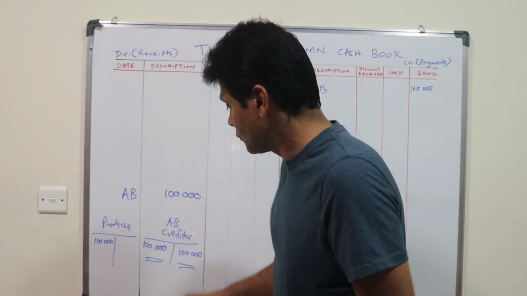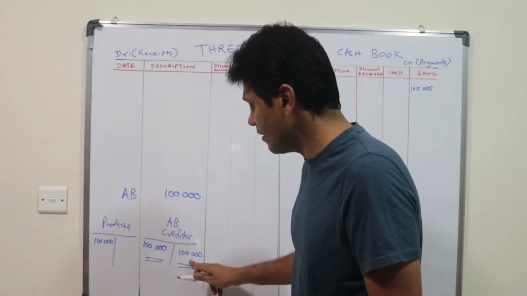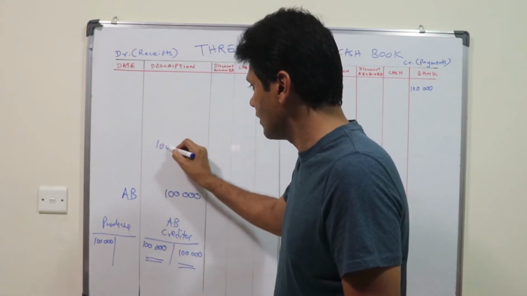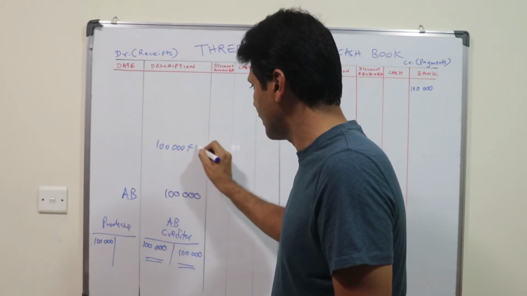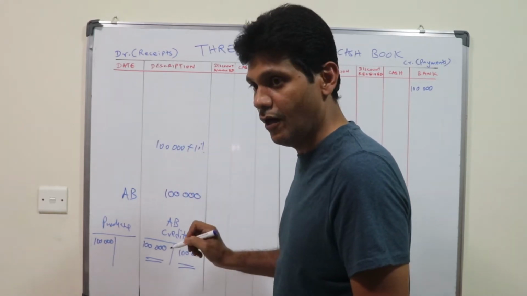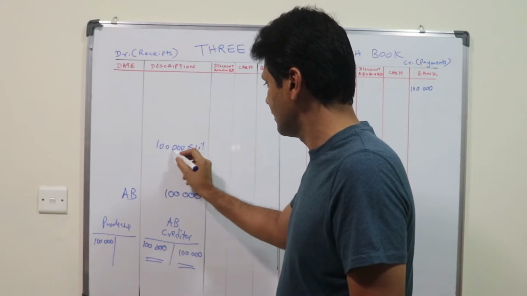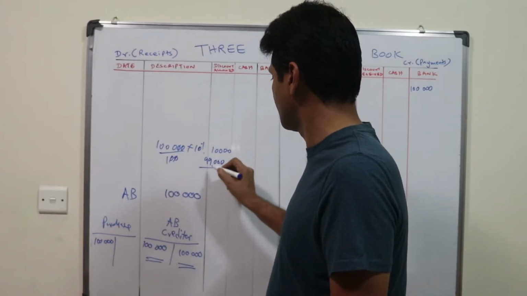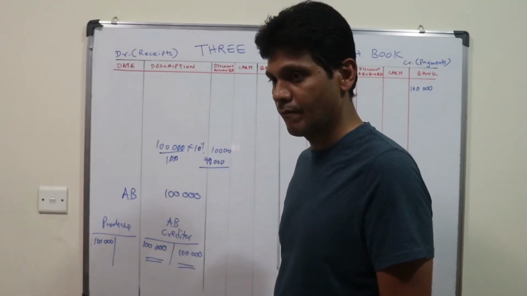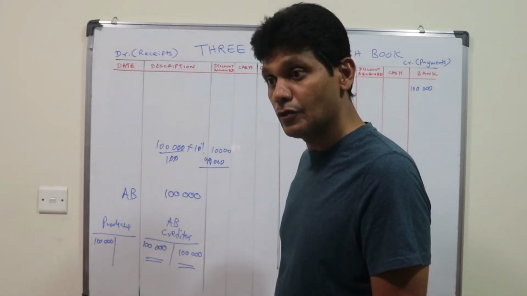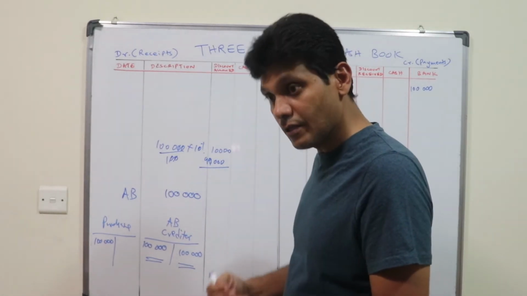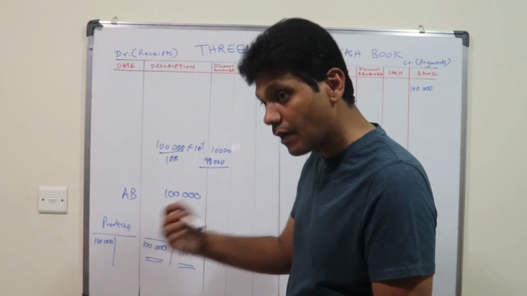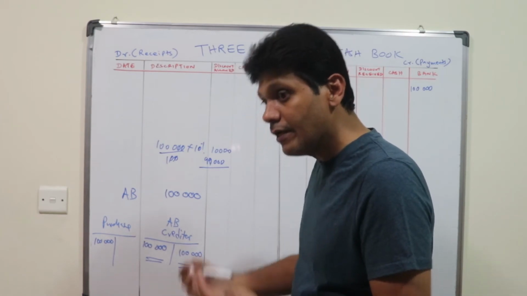Of 100,000, 10% discount is 10,000, which means you have to pay only 90,000. It's good for the company, because instead of paying 100,000, you pay 90,000.